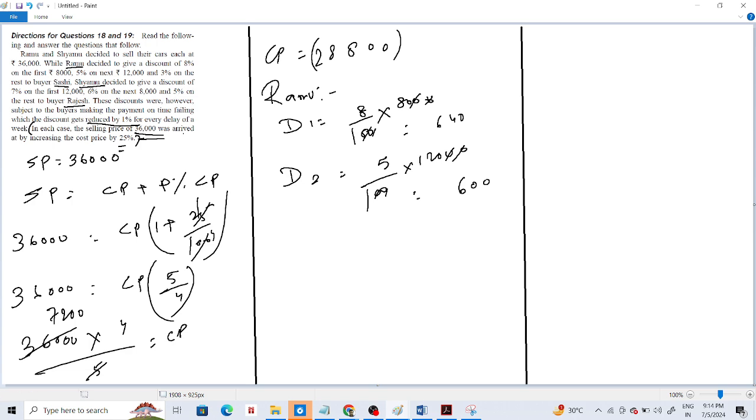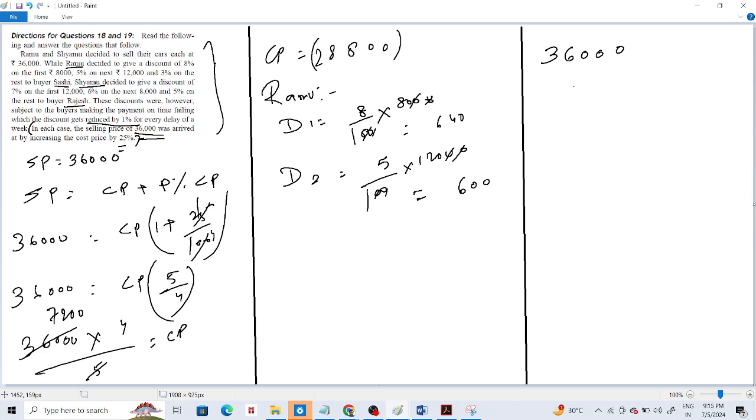Shritama, did you understand this sum? What is this problem about? Not understood? Okay. See, 36,000 is the selling price that they have decided.